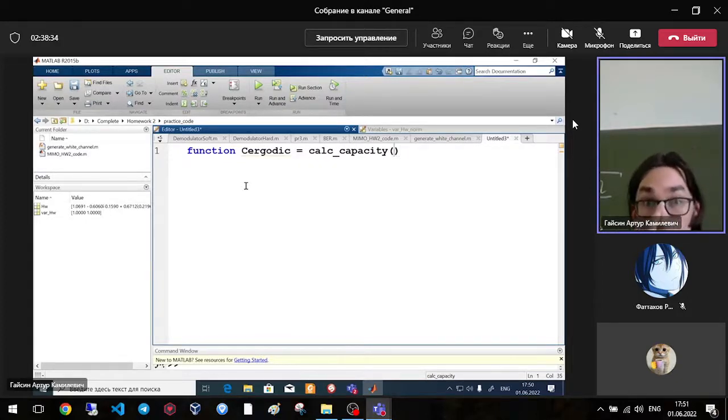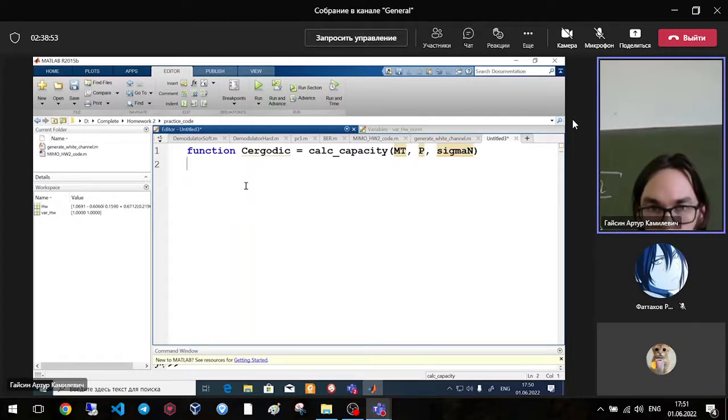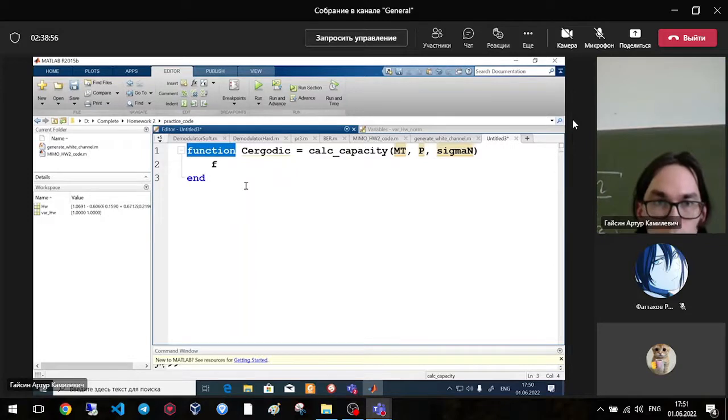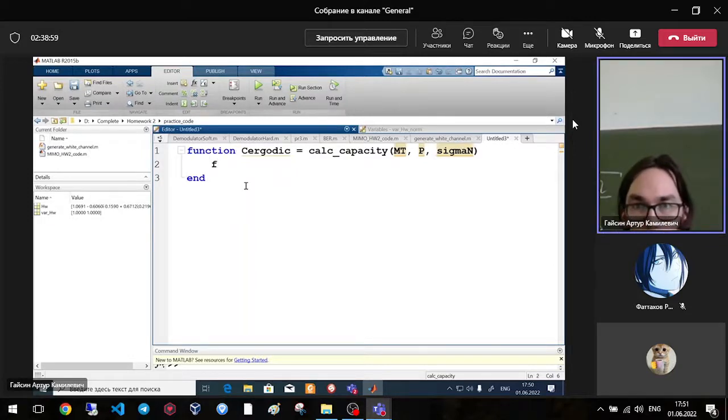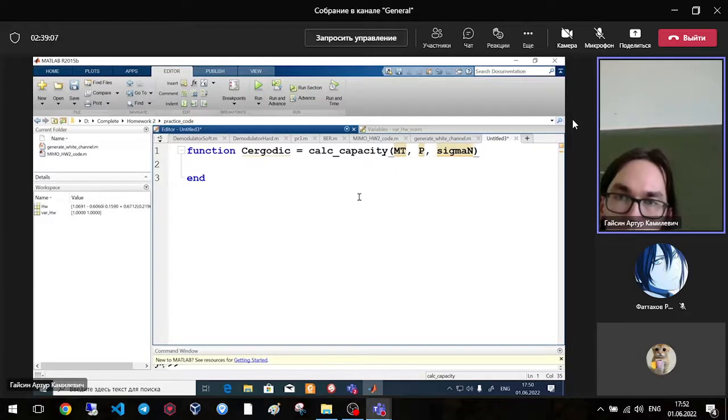Inside of this function, we should send the number of transmit antennas, our transmit power, then sigma n, and that's all. So what should we do here? First, maybe we can add here the number of receive antennas also, MR MT.